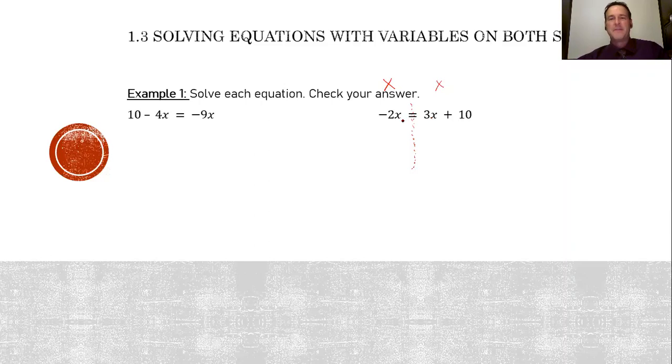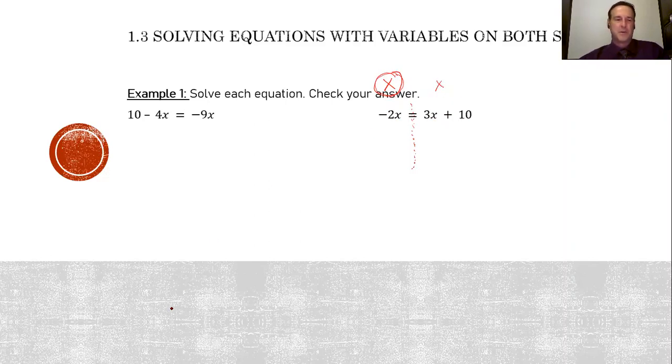Okay, and the fact that this side over here only has one term that has an x with it, and here I have a couple different things, what I'm going to do is identify the variables on this side, which means I only want x's over here. I don't want x's on this side over here.